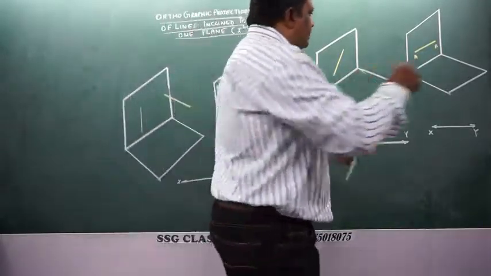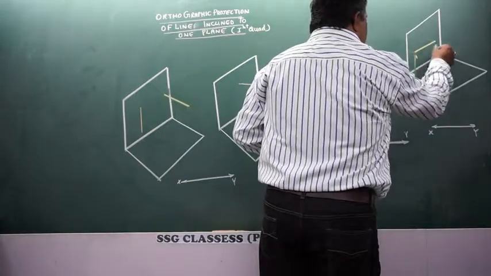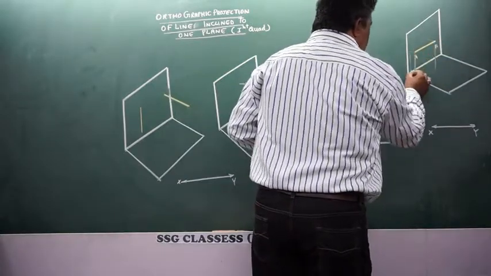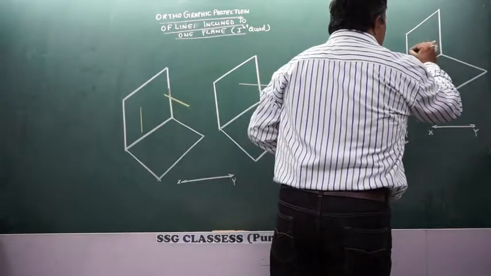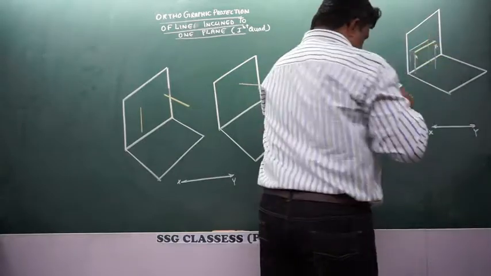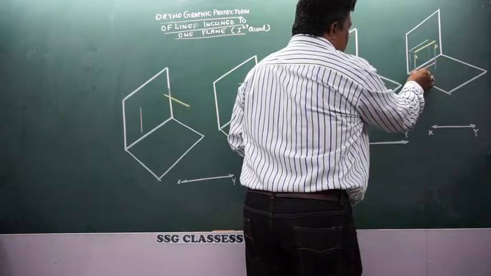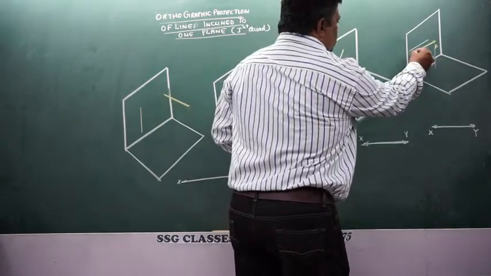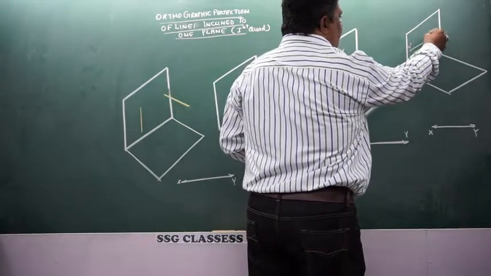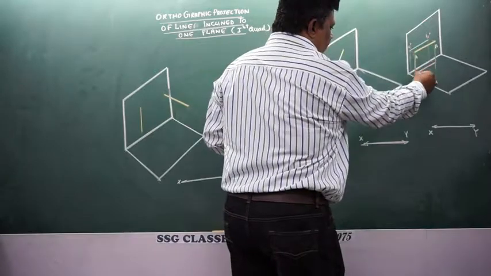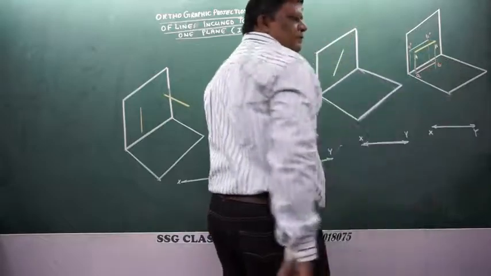So the front view of A is A dash, the front view of B is B dash, the top view of end A is A, the top view of end B is B.